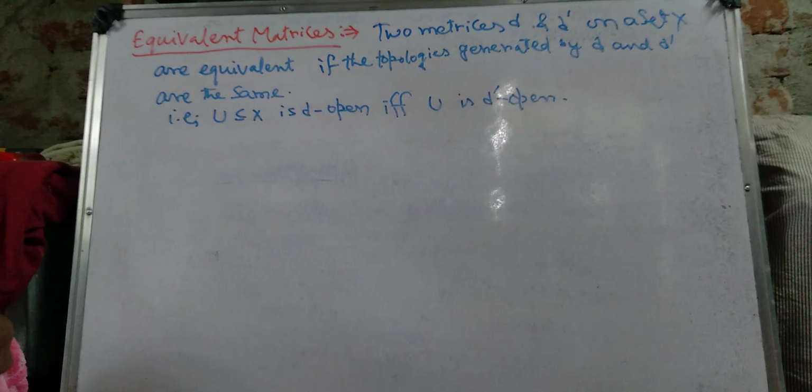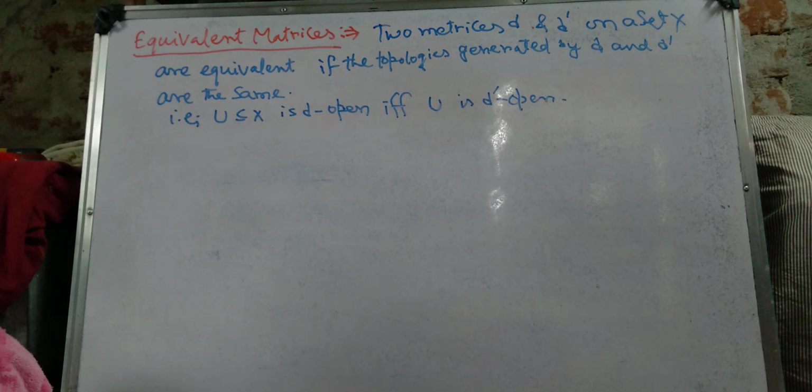Okay, that means this is the definition: two metrics d and d dash on a set are equivalent if the topologies generated by d and d dash are the same, that is, U subset of X is d-open if and only if it is d dash open. Then we proceed to further topics.